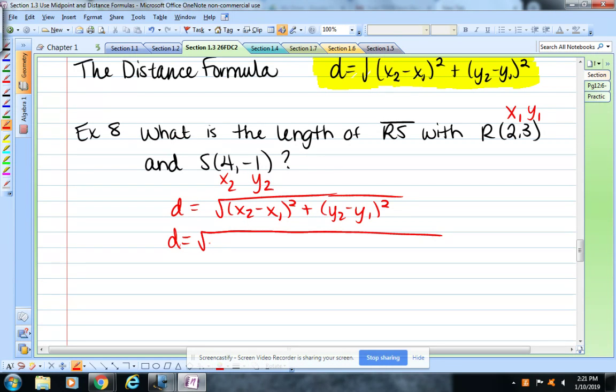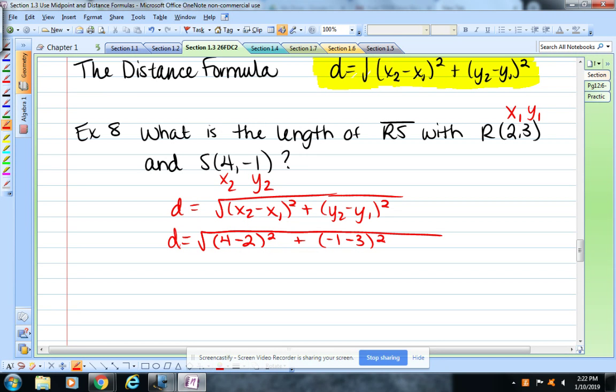Okay? So, parentheses, what number is my x2 number? 4. Minus what is x1? 2. Plus parentheses and put a square. Plus parentheses, what's my y2 number? -1 minus 3, parentheses, squared.